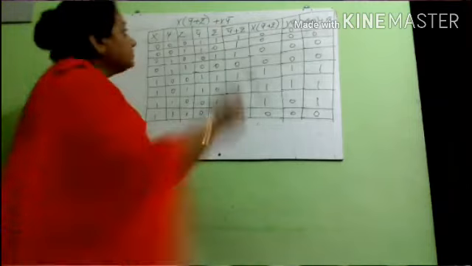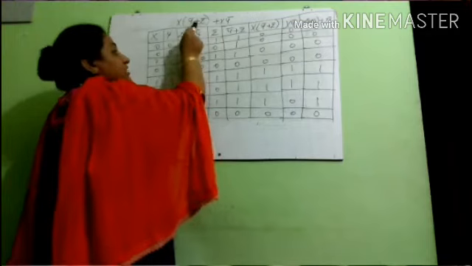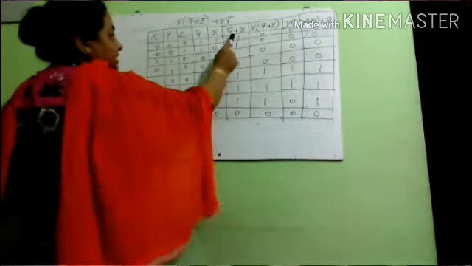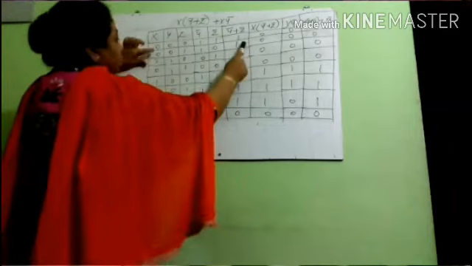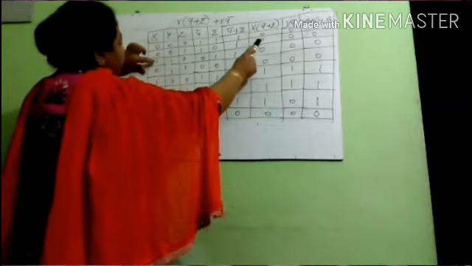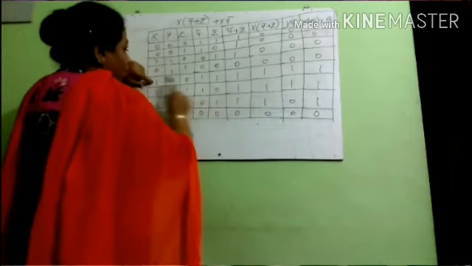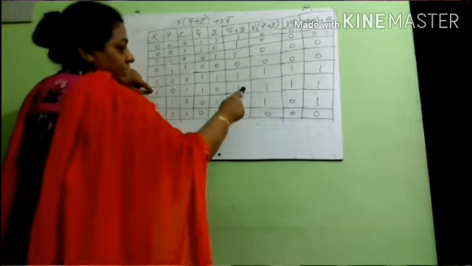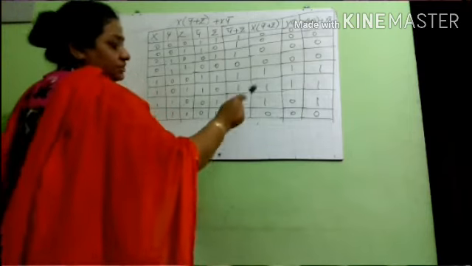When all the inputs are 0, the output is 0. We have got this column. Now this has to be ANDed with x.